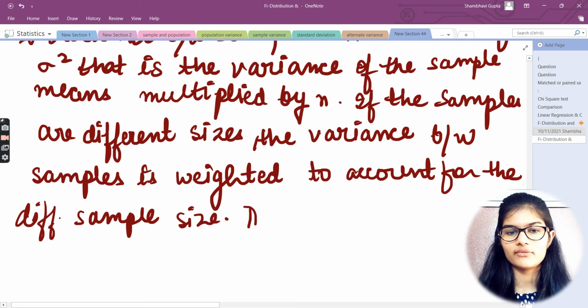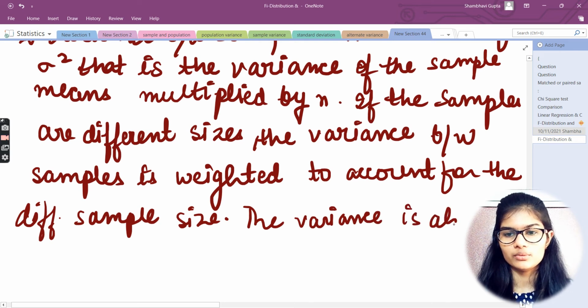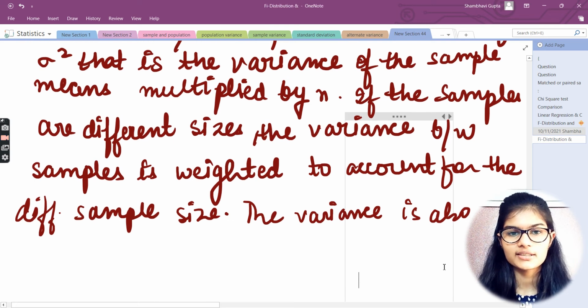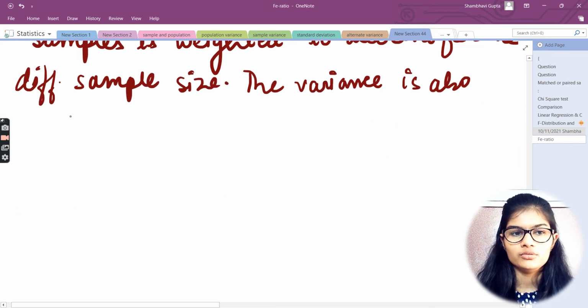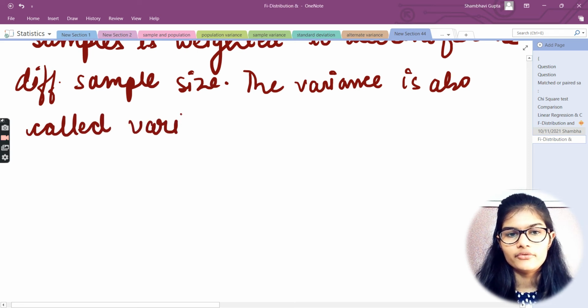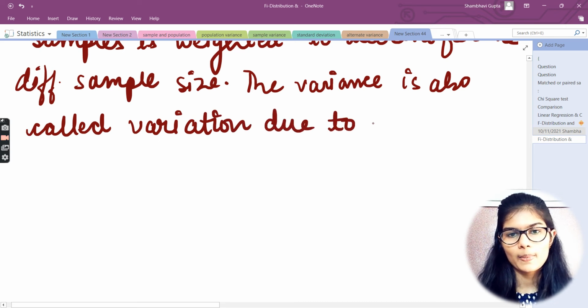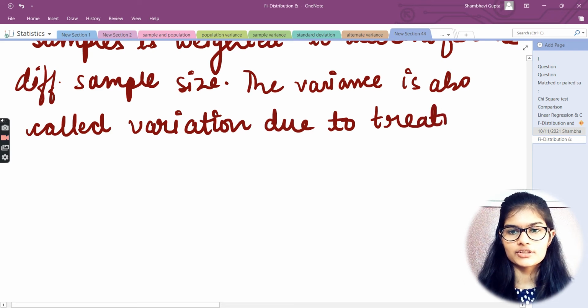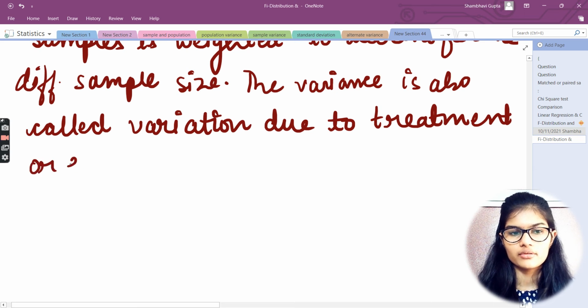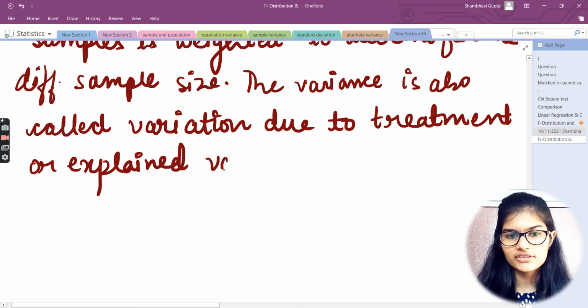Then we have one more thing to mention here: the variance is also called variation due to treatment, or explained variation.